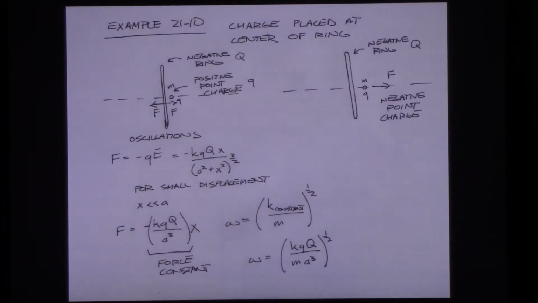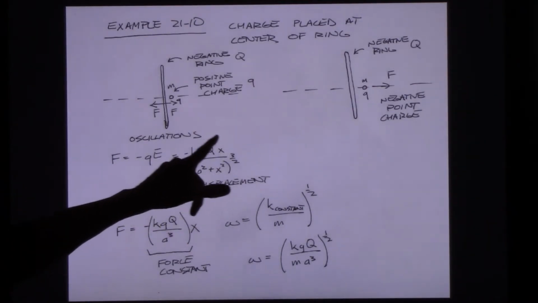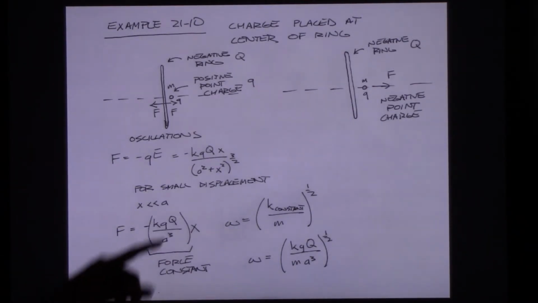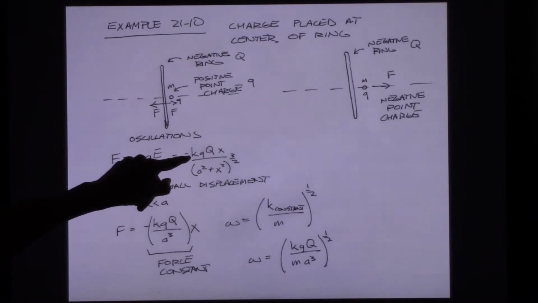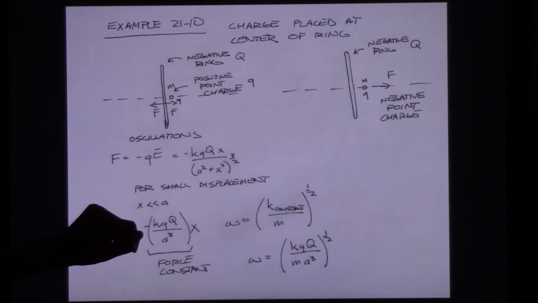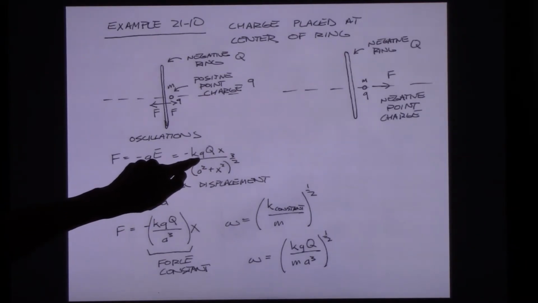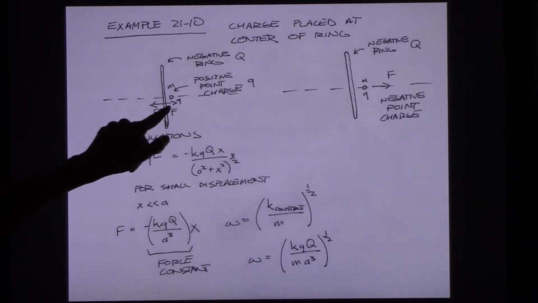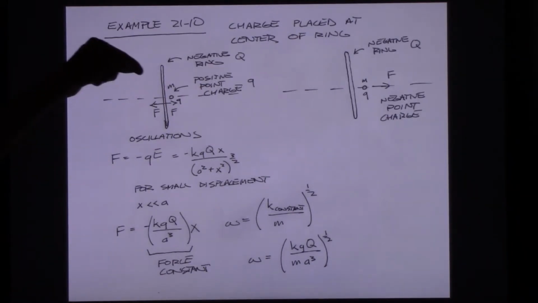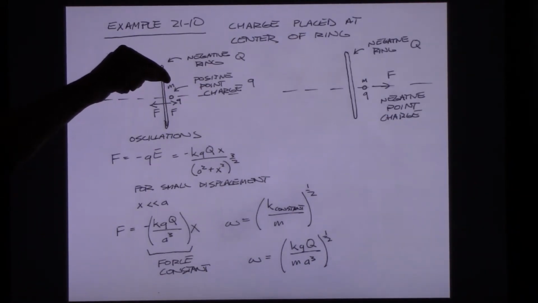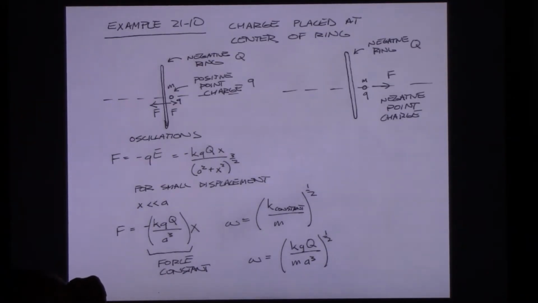Coming forward, I took that expression and substituted it in. The little k here is the electromagnetic force constant, or the electric force constant. And I now have that extra factor of little q, the charge of this small object that we brought in. And then I also wrote down the mass. We're going to need to know the mass in order to determine its frequency of oscillation.